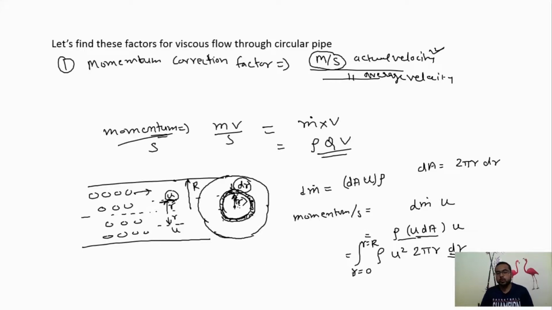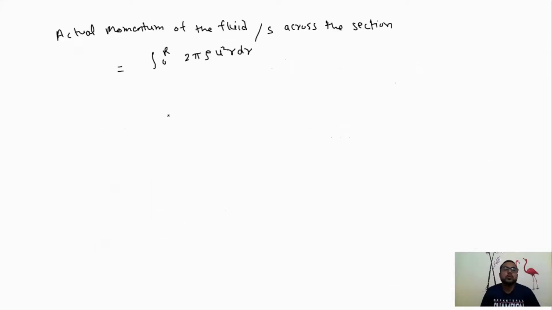So let's calculate this value. This is the actual momentum of the fluid per second across the cross section.